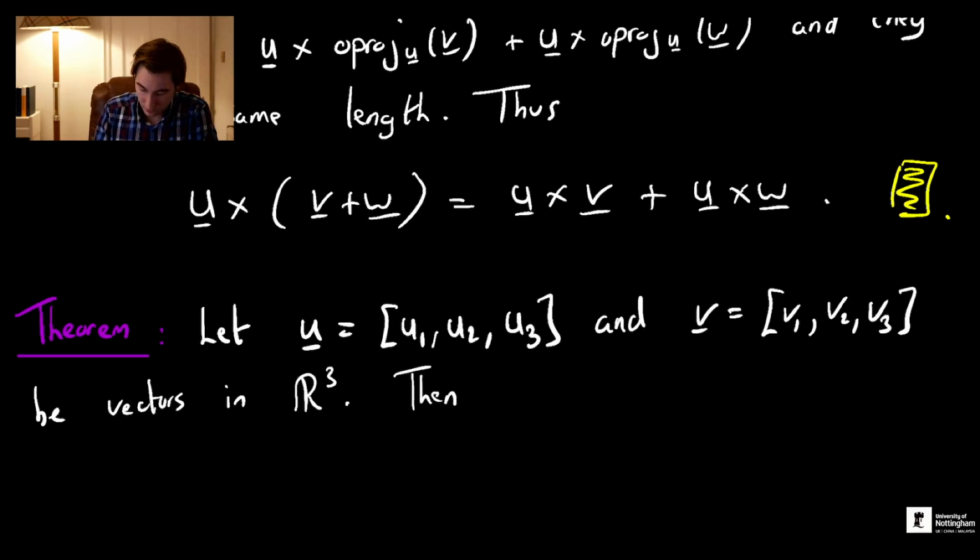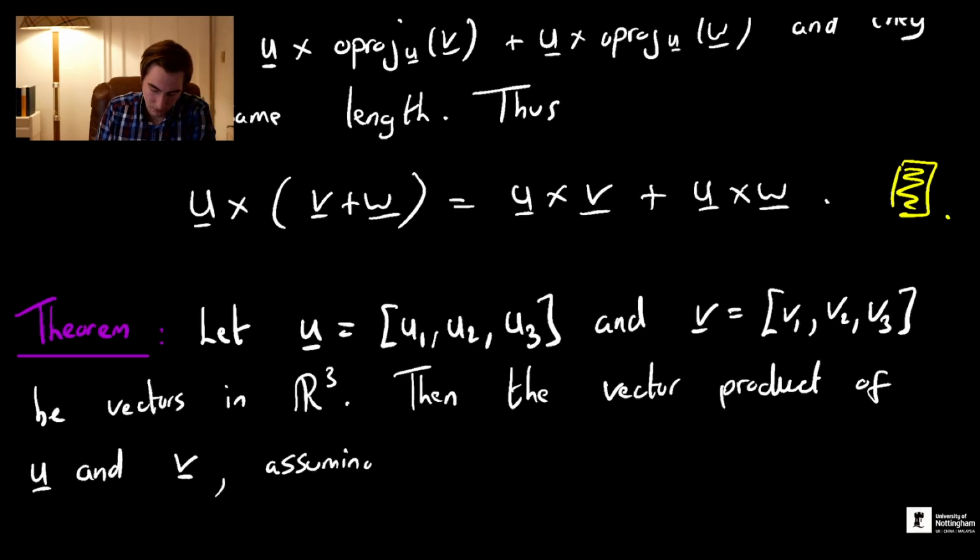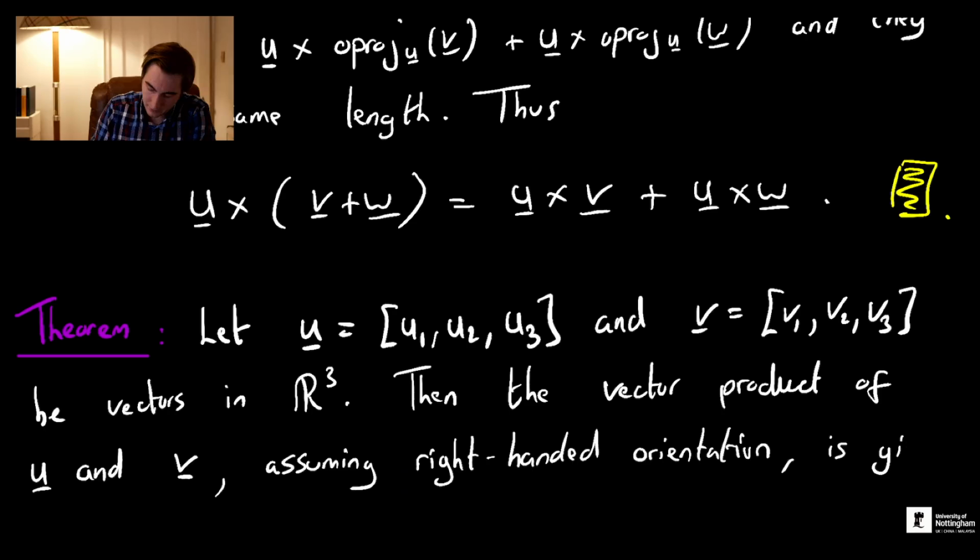then the vector product of u and v, and we should say, assuming right-handed orientation, there's a similar one for a left-handed orientation, is given by the following formula.